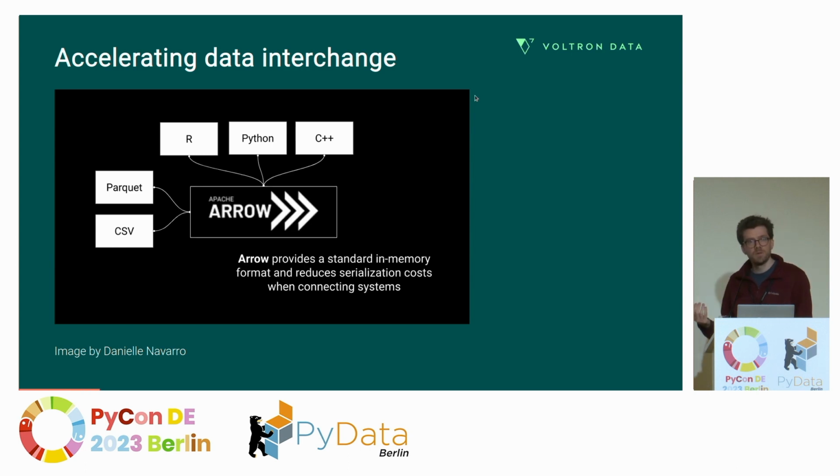And the idea about Apache Arrow is that if you have this common standardized memory layout, that either those dataframe libraries or databases just use natively themselves or have a very efficient conversion for, then you can much more easily and cheaply move data around between different systems.